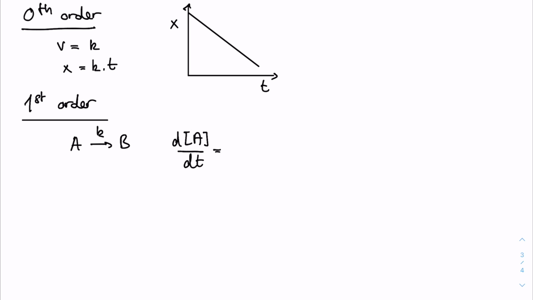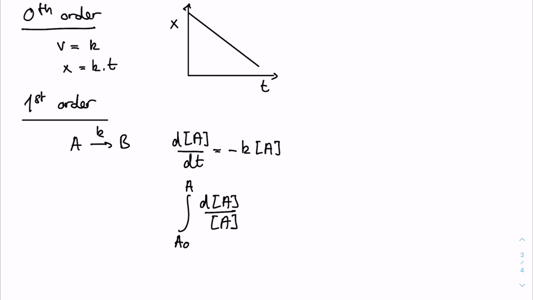So it's my differential equation, minus K times A. Okay, so let's first look at the analytical approach to solve this, right? How do I do that? So I integrate from A0, that's my concentration of A at time 0, up to my certain concentration A at a certain time, dA over A, right?